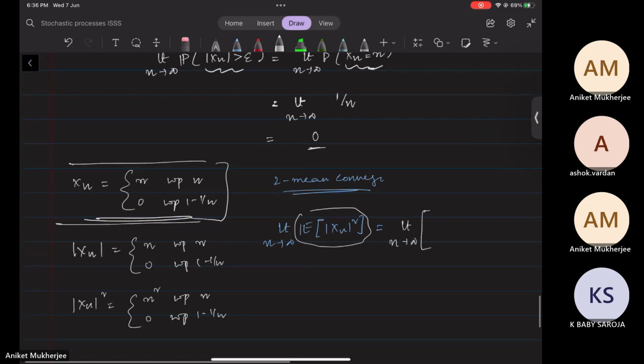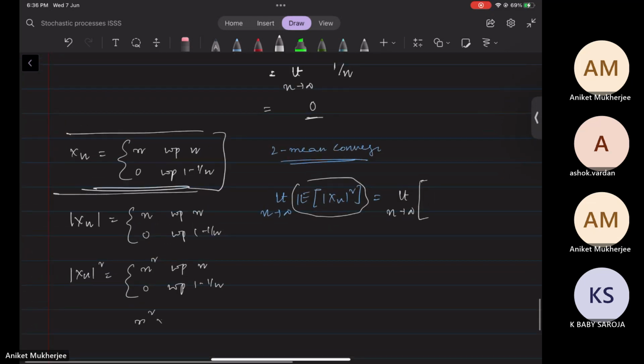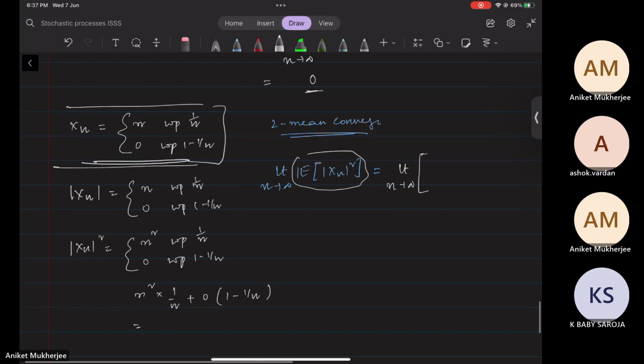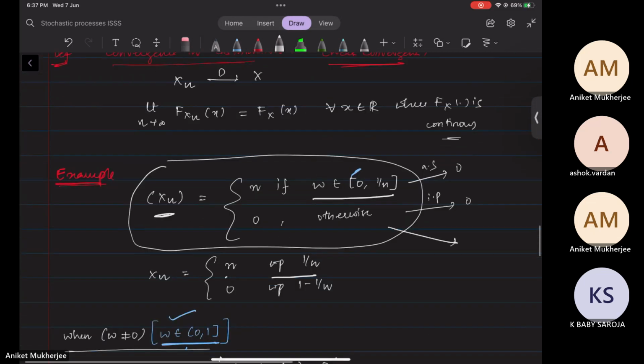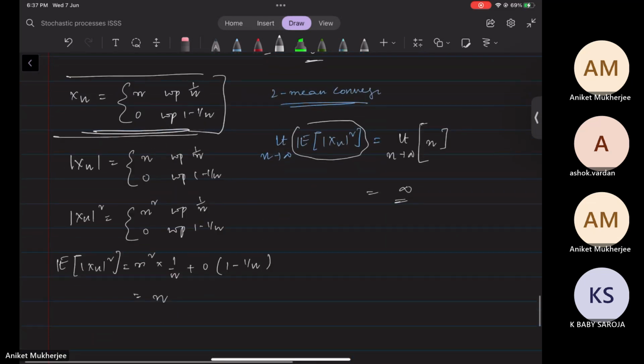So the expectation is n square into 1 by n plus 0 into 1 minus 1 by n. This is the expectation of mod Xn square. This will be n, and the limit as n tends to infinity is infinity. So this does not converge in rth mean, it does not converge in second mean to 0. I hope this is also clear. Why it doesn't converge?